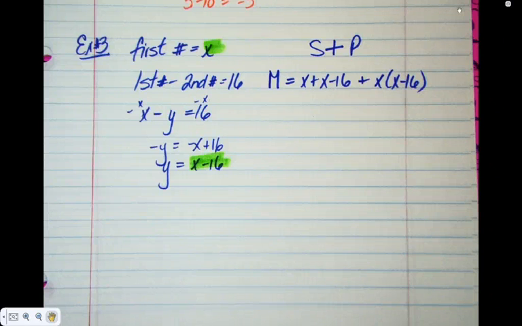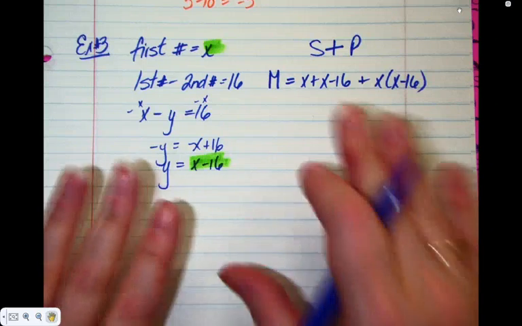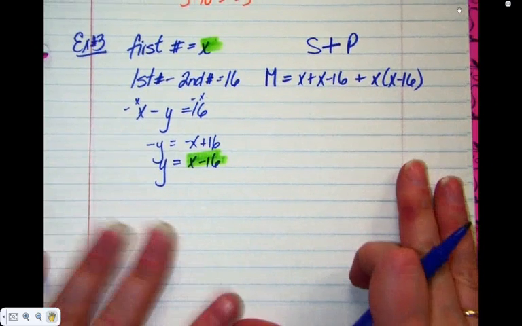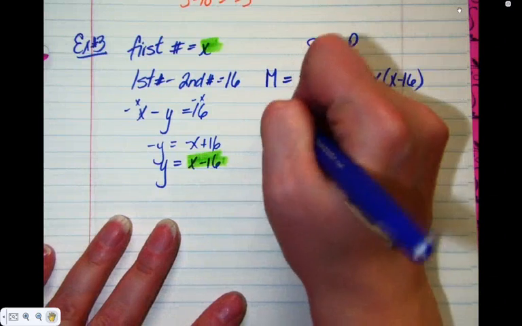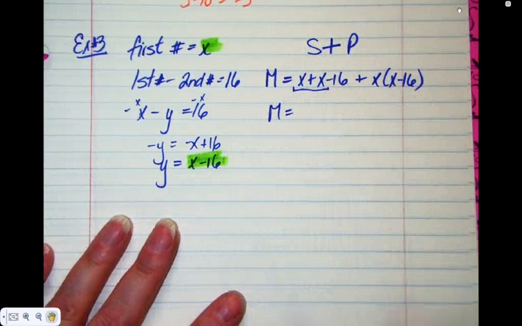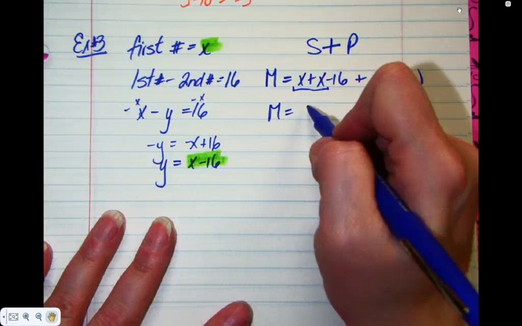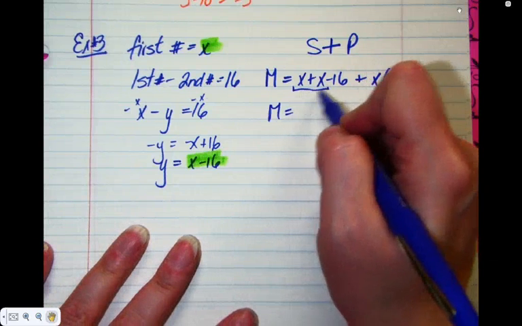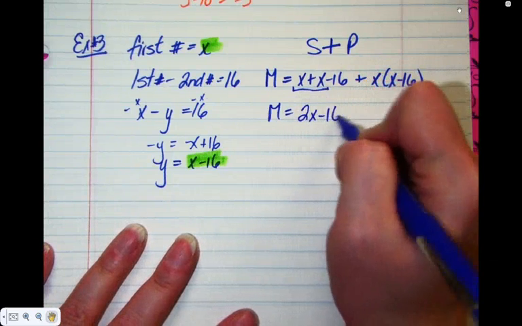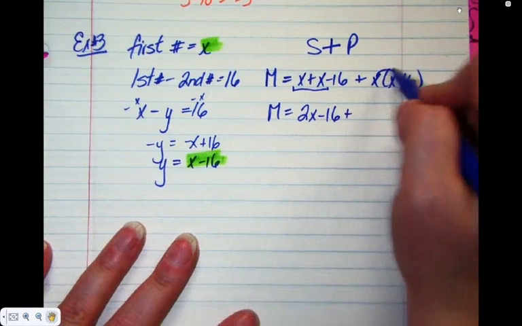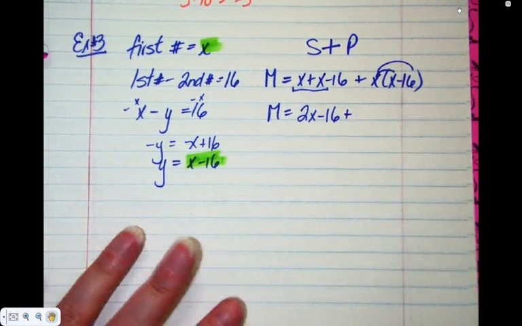Okay, now what do we do with all this crap? This doesn't look like anything here. What do we do? Oh, okay, how would you like to simplify? Okay, so would you like to do anything here, or maybe? Ooh, almost. 2x minus 16. And here we want to distribute to get rid of the brackets.